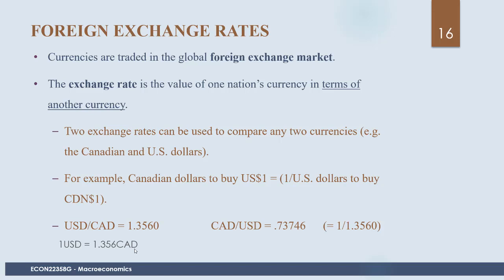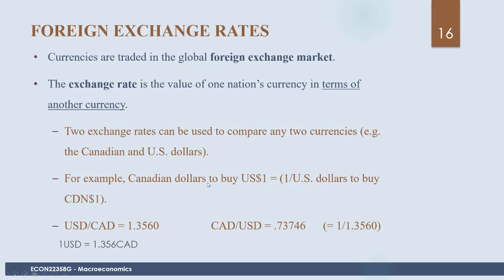These two are equivalent. And so the way this is expressed is it's basically saying how many Canadian dollars you need to buy a US dollar. Since we're in Canada, this is saying how much domestic currency we need to buy foreign currency.